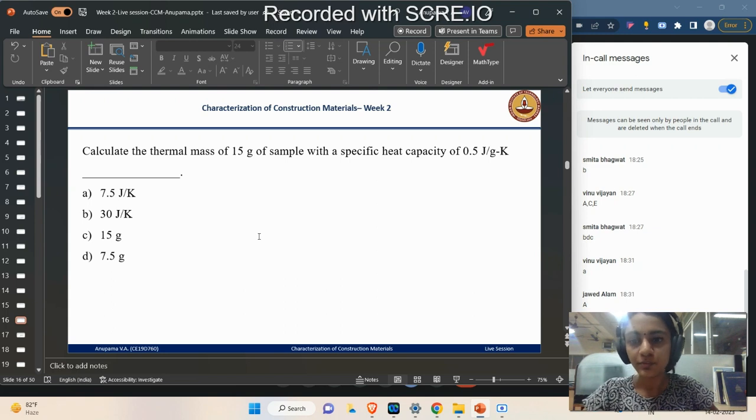Again, the sample mass is 15 gram and that sample has a specific heat capacity of 0.5 joule per gram Kelvin. So calculate its thermal mass.